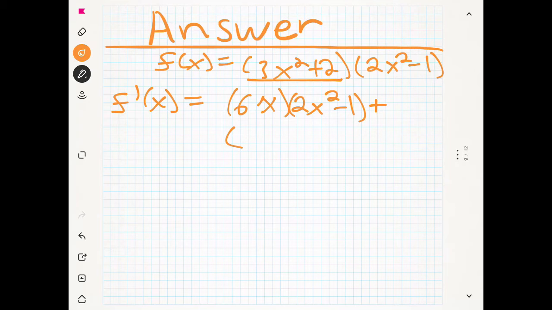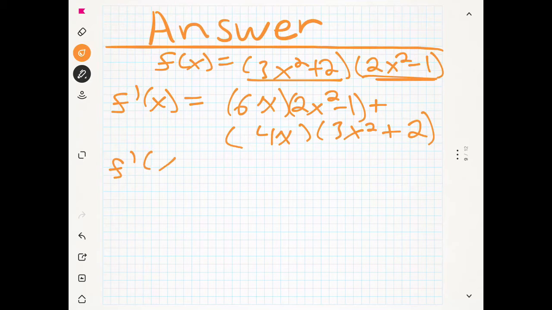This time we take the derivative of g of x, which should be 4x, because this 2 comes down, multiplies with the constant, which is also a 2, to get 4, and then 2 minus 1 for the exponent is 1, which is just x, and then that negative 1 is just a constant, so the derivative of that is just 0, and then that multiplies with the original function of f of x, 3x squared plus 2. Perfect.